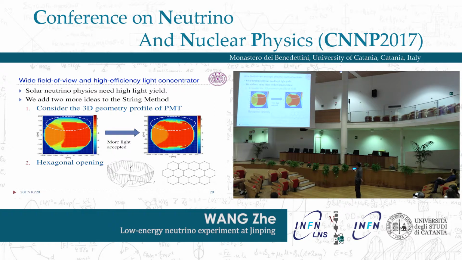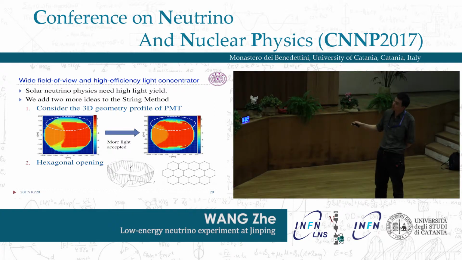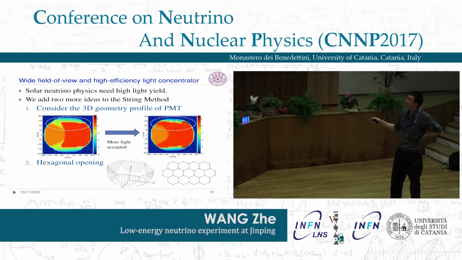With one improvement, this figure shows the efficiency, where the red and orange show photons that finally hit the PMT photocathode, while the blue and yellow are reflected out. This is basically the efficiency plot over the input aperture. With this improvement, we can improve the efficiency for some areas.